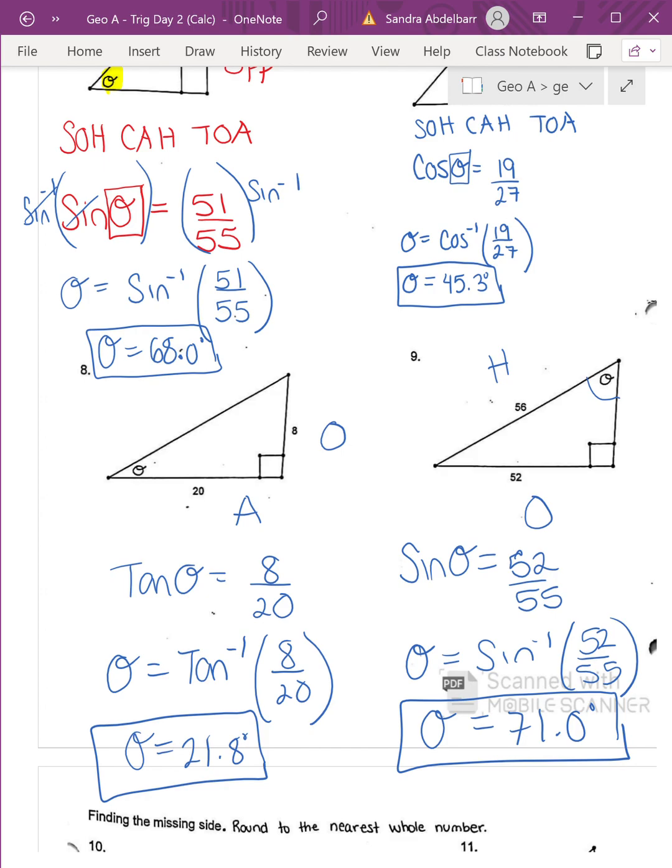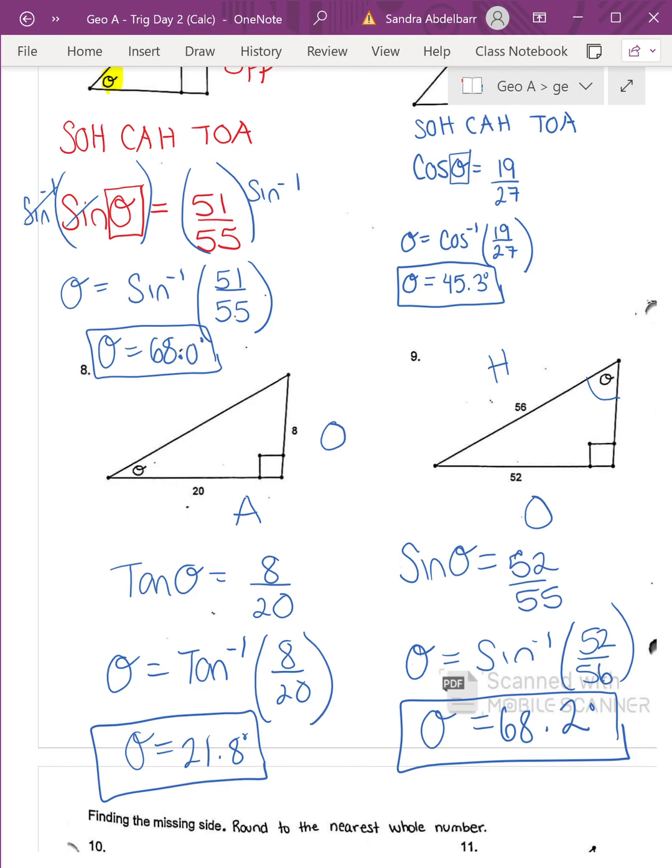Oh, did I put the wrong number? I messed it up. That's why we didn't get it. Okay, so let's do this: second sine, 52 divided by 56. There we go, 68.2. How many people got that? Okay, much better.